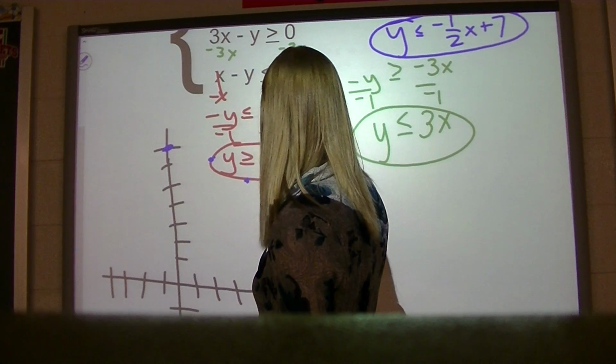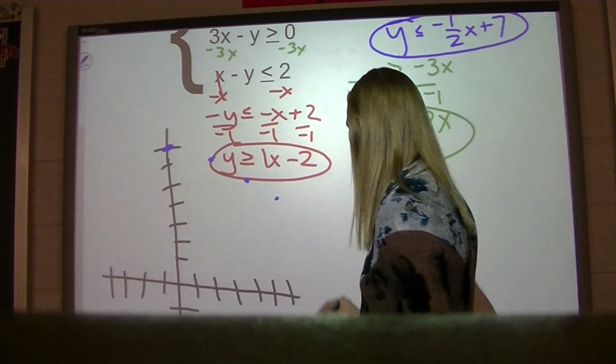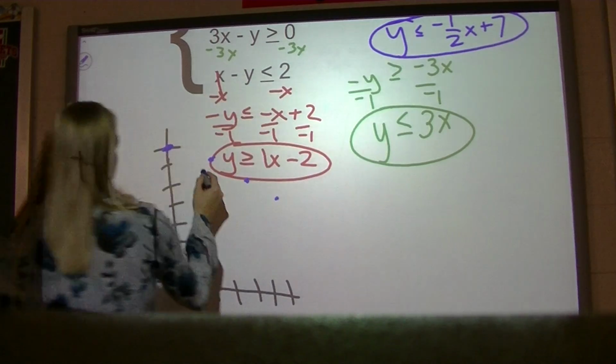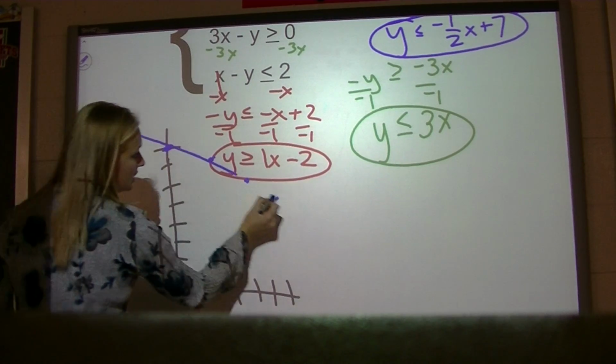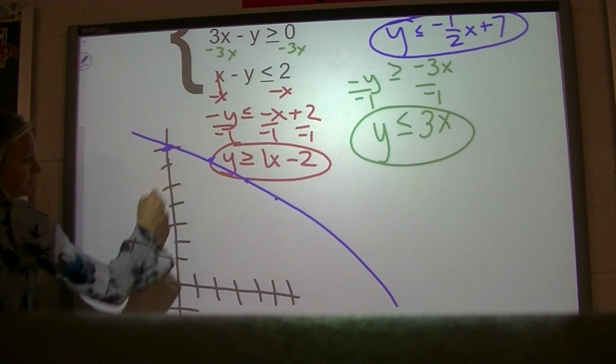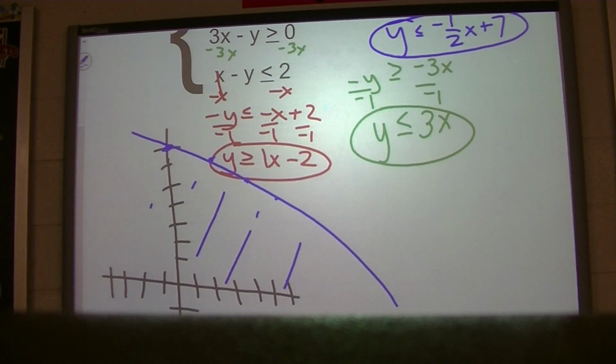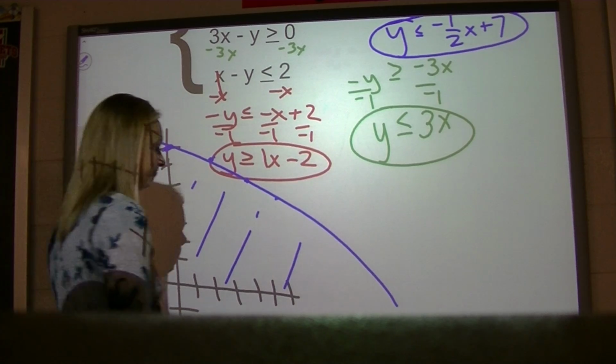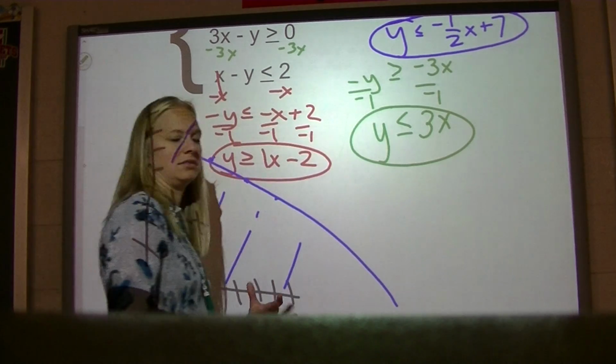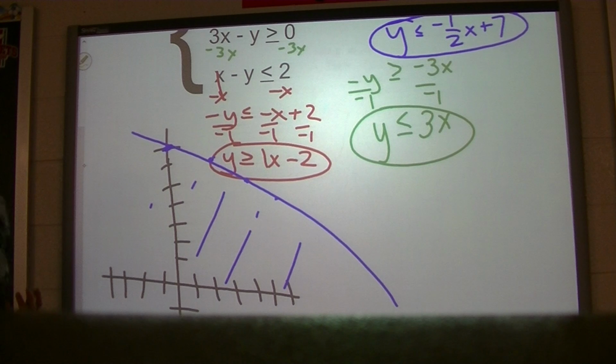Down 1 to the right 2. Alright, and I could keep that going if I needed to, but it needs to be less than or equal to that. So everything below it is going to be shaded. I'm not going to shade very heavily yet, because eventually I'm not going to be able to see numbers and I need to.